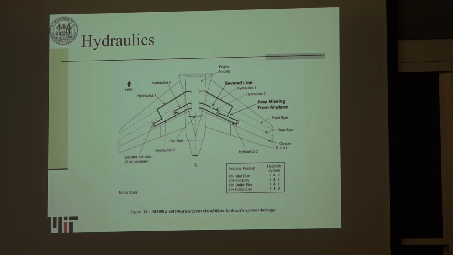So they lost all the hydraulics, and the pilot had to bring the plane down manually, based on thrust and drag, by feel. The fact that anyone survived is pretty incredible. It's remarkable that he was able to save anyone's life.